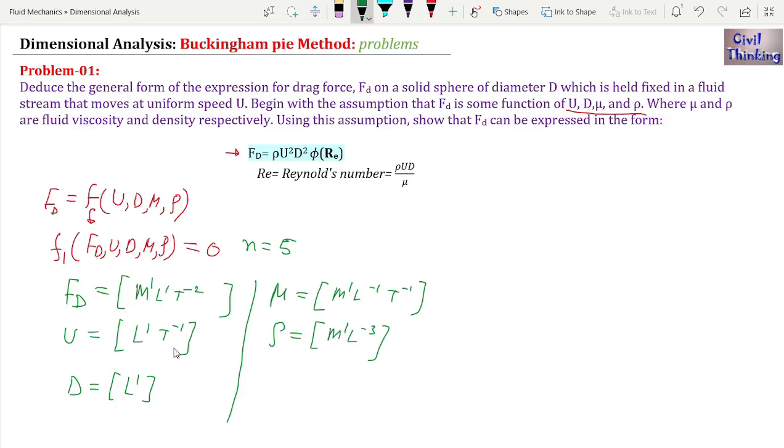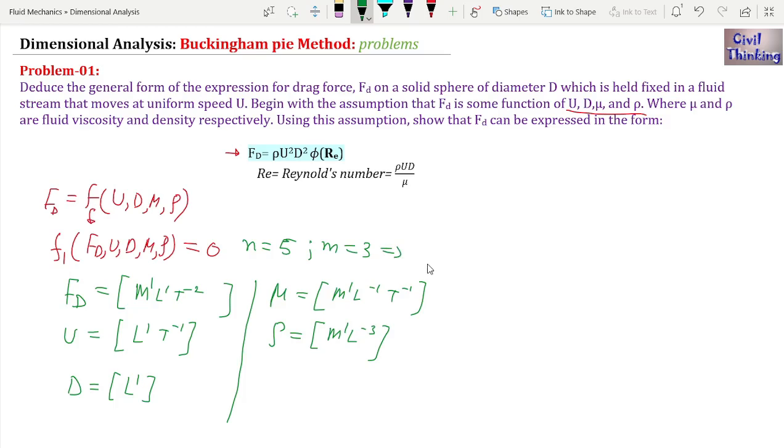Now you can see which is the highest term. Here there is no M, no T, only L. Here the only dimension is L, here there are 2. If you see all of these, the maximum number of terms is 2 only, but in drag force and viscosity, the maximum number of terms is 3: M, L and T. So the number of basic dimensions is 3.